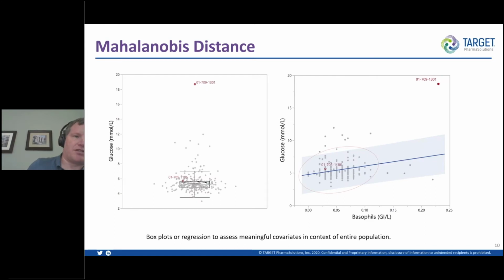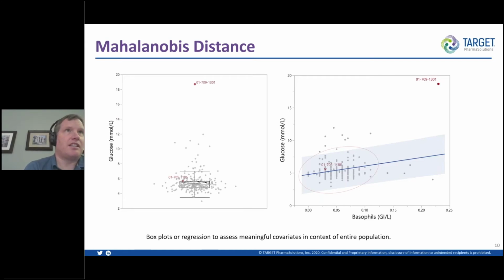And if we were to plot some plots to better understand what's going on in the different spaces, we could see in an individual plot for glucose, or glucose crossed by basophils, in a more common graphical setting that we have in fact identified some of the features that make this individual unusual in the context of the rest of the population.